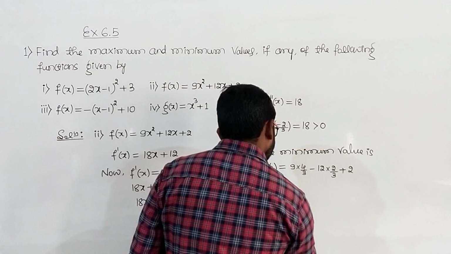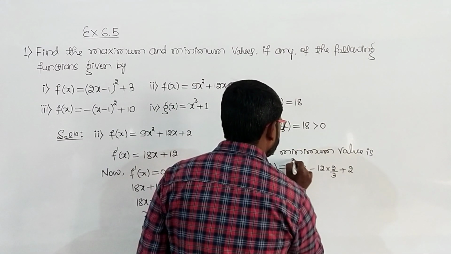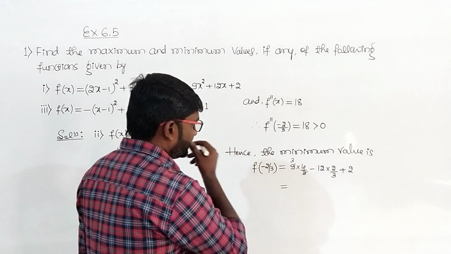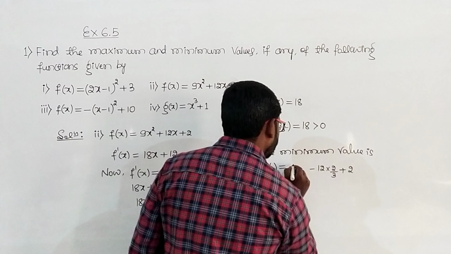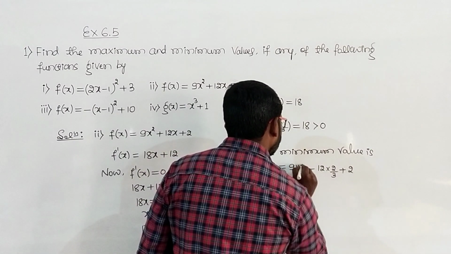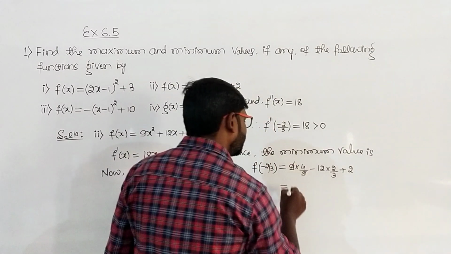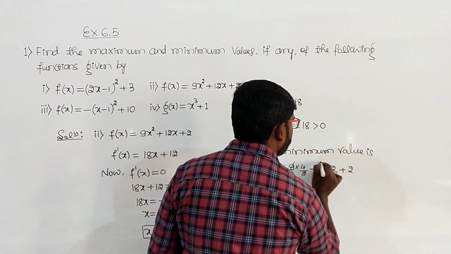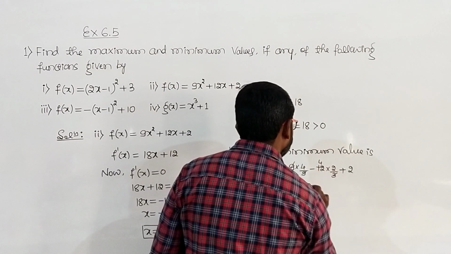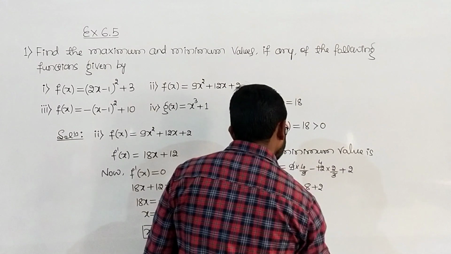Here 9 into 4 by 9, so 9 and 9 get cancelled. We get 4 minus 8 plus 2. Overall we have minus 2.